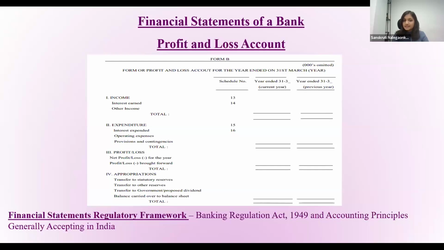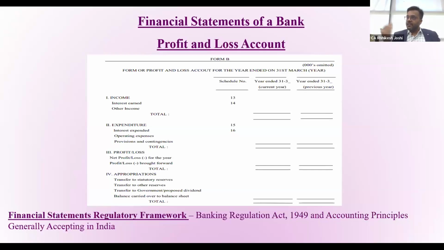On the expense side, you can see the interest expended, Schedule 15, covers interest paid on deposits, while operating expense, Schedule 16, includes salaries, rent, and IT costs. Net profit is calculated after deducting all the provisions, and the remaining amount is allocated to the appropriations, such as statutory reserves and dividends.